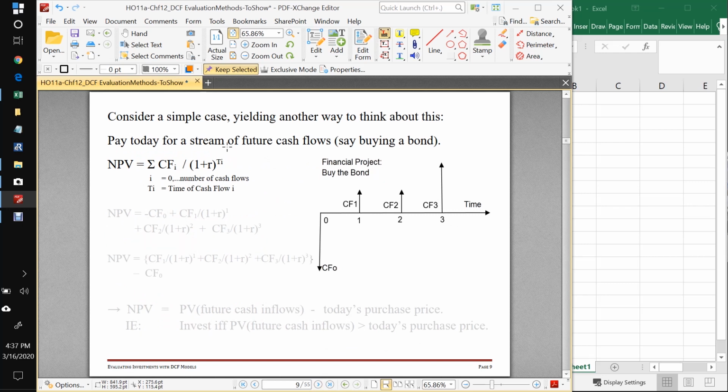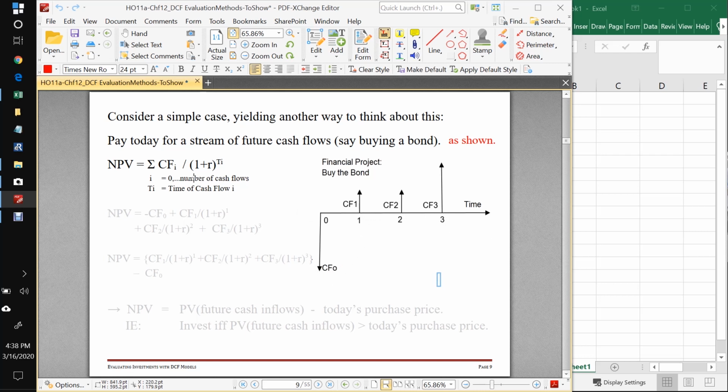So for a simple case, I'll present quickly another way to think about this. Let's say we were paying today for a stream of future cash flows as illustrated here. So we have something like this where CF0 could be the price that we're paying for a bond, and these are the contractual cash flows that were promised from the bond contract.